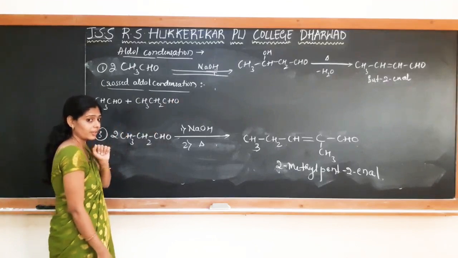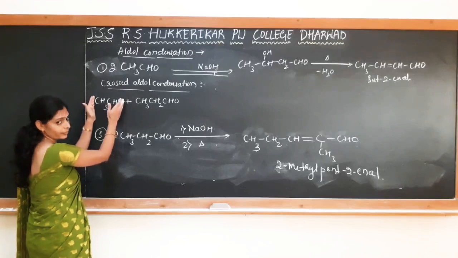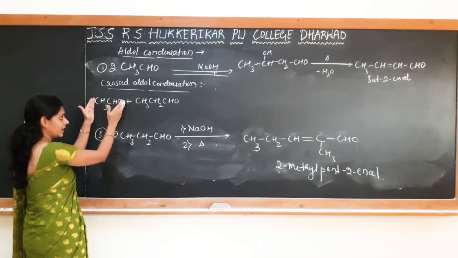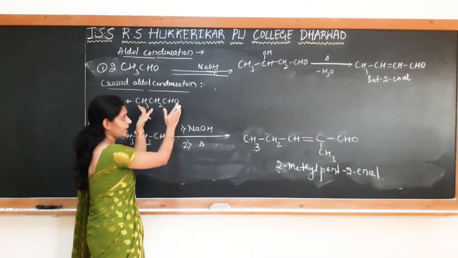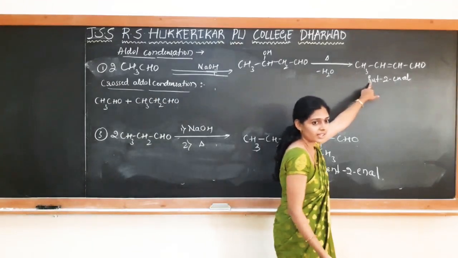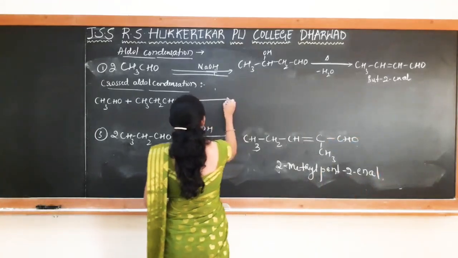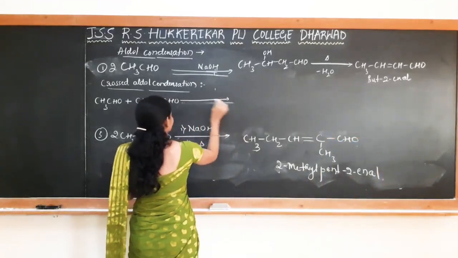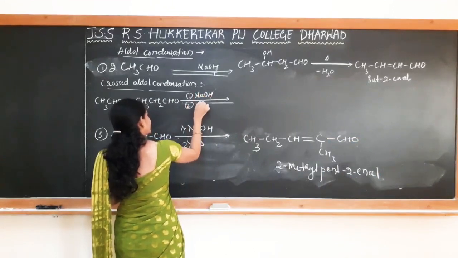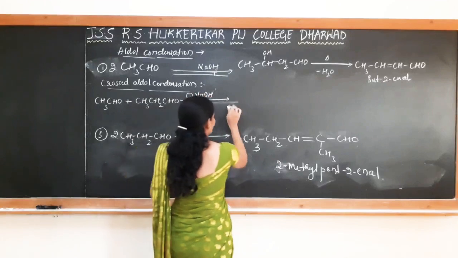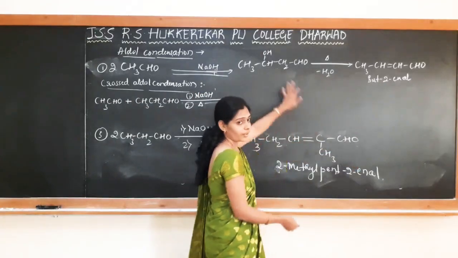How are the 4 products formed? One is by the self-condensation of ethanal, and another one is by the self-condensation of propanal. They are nothing but these 2 compounds. These are self-condensation products. So this on heating, on reaction with alkali, followed by dehydration, forms 2 self-condensation products which I have already discussed.